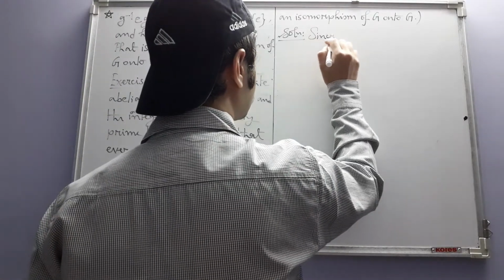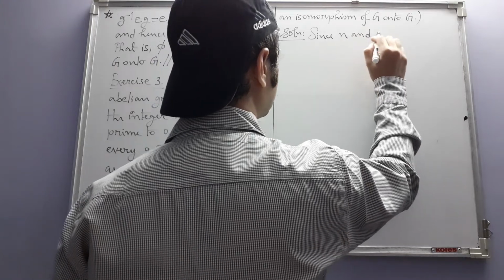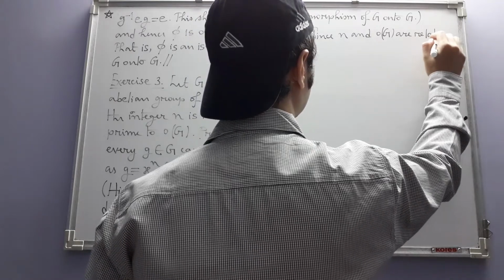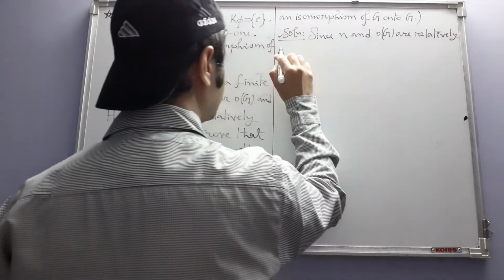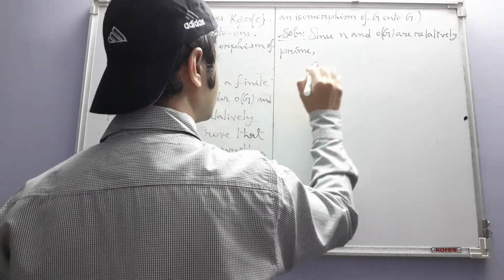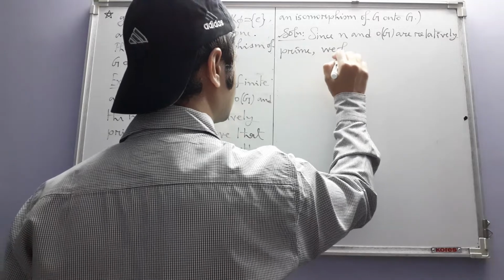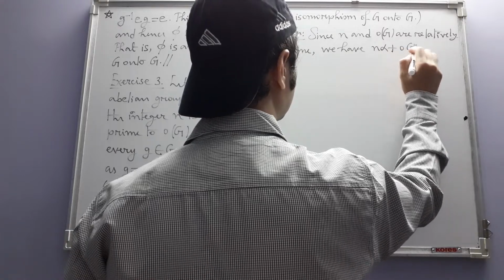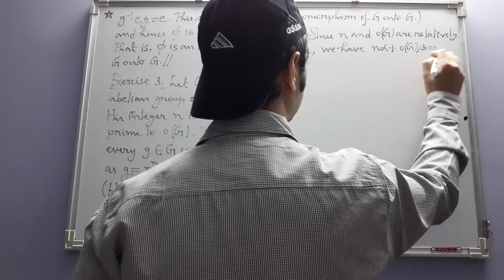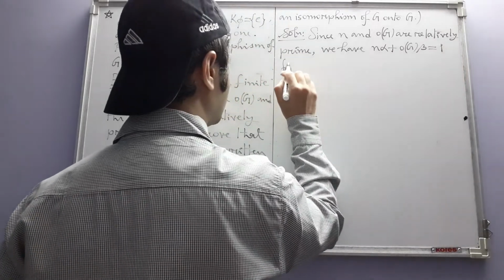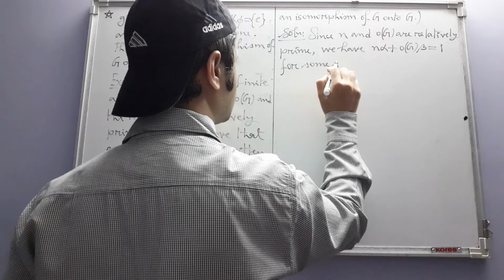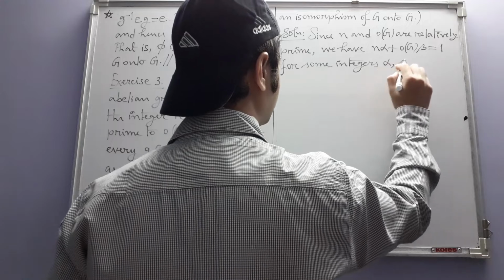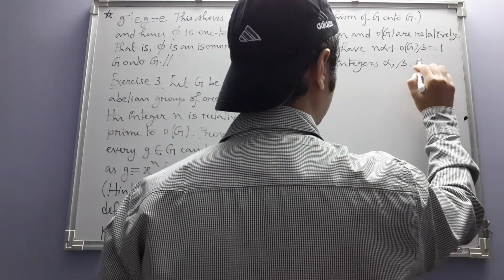Since these are relatively prime, we have n alpha plus order of G times beta equal to 1 for some integers alpha and beta.